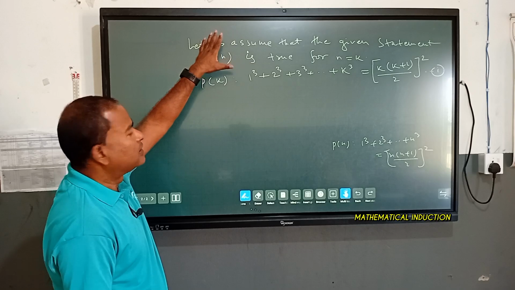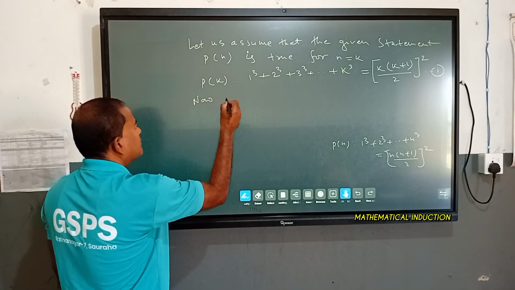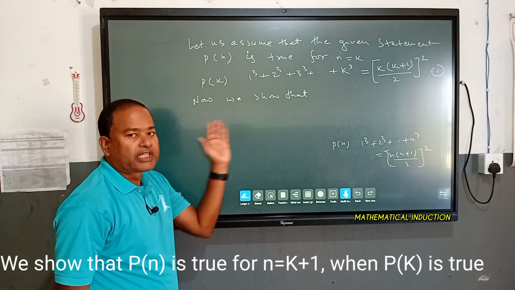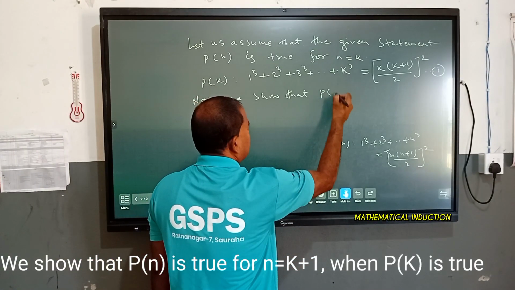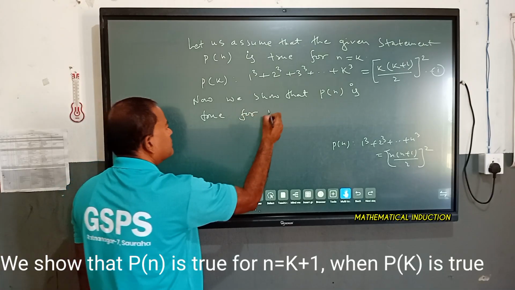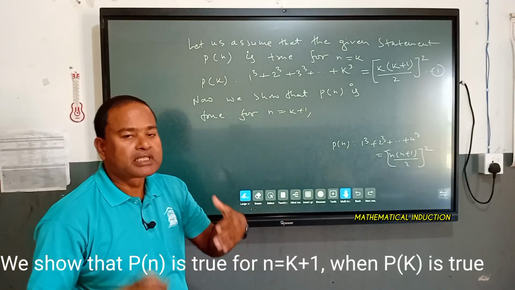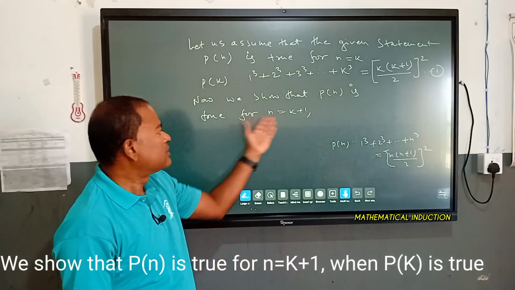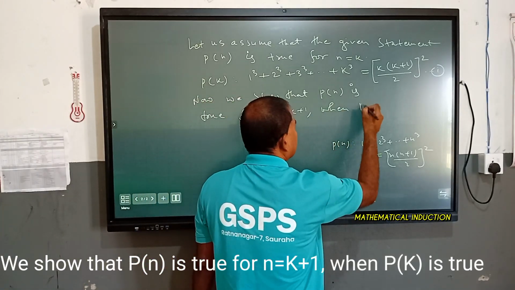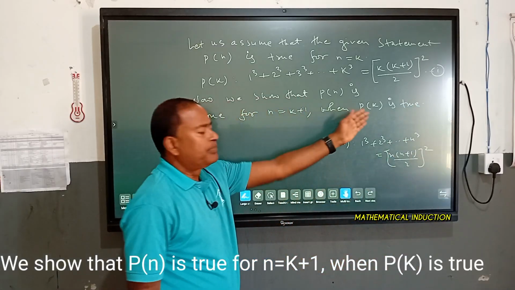So dear students, now the third step is, now we show that Pn is true for n equals k plus 1 when Pk is true.